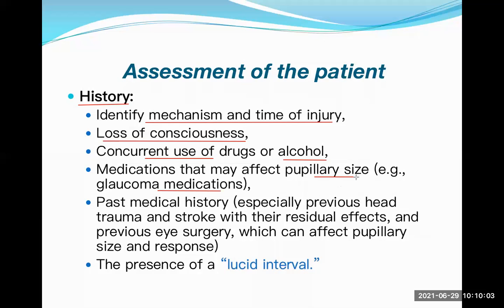Pupillary size is one of the very important clinical examinations we do in case of head injury. You have to do it many times in a day, checking whether the pupils are reactive or not. What is the size on either side? We have to measure, and if there is any discrepancy, meaning one pupil is bigger than the other, the side with the bigger pupil is having some problem.